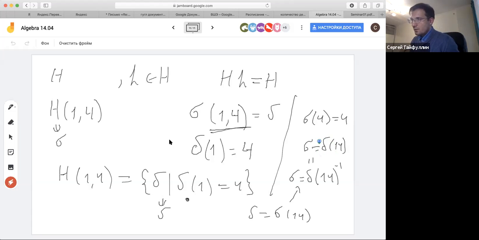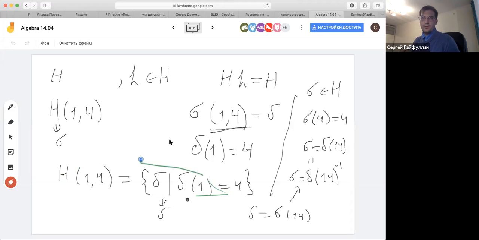So in the sigma, 4 goes to 4. So sigma belongs to H. Let me write it down. Sigma belongs to H. And so we understand that every delta from this set can be obtained as sigma multiplied by 1/4. So we proved this equation.